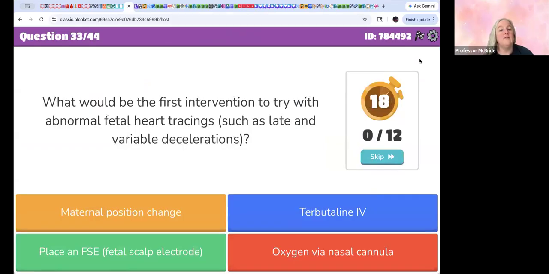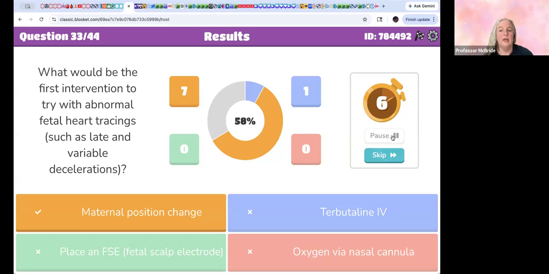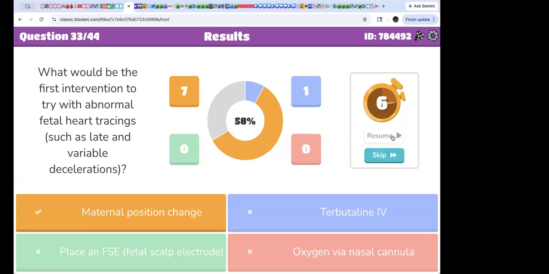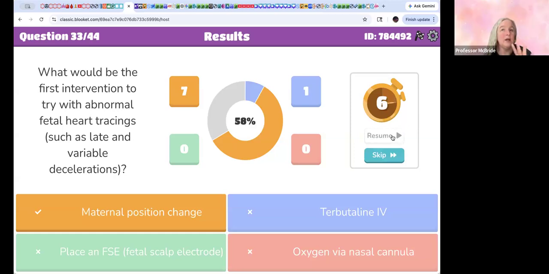What would be the first intervention to try for an abnormal fetal heart tracing, such as late or variable decelerations? Maternal position change is going to help with lates. We talked about earlier, why does maternal position change help with late decelerations?